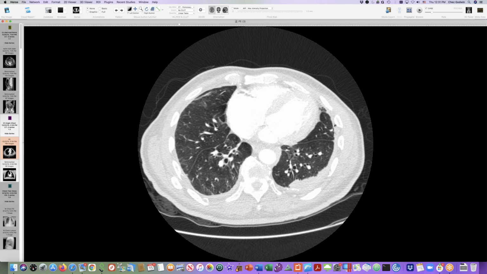Now, last week, somebody showed a case of adenocarcinoma in this distribution. So that was on the differential diagnosis, but we have stability over decades. So that argues against a malignant diagnosis for this peripheral lung abnormality.